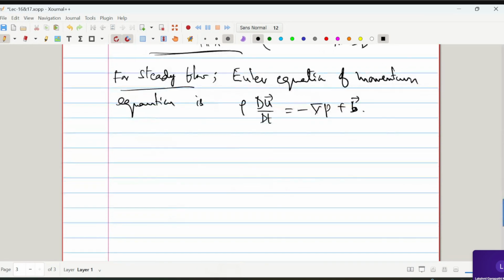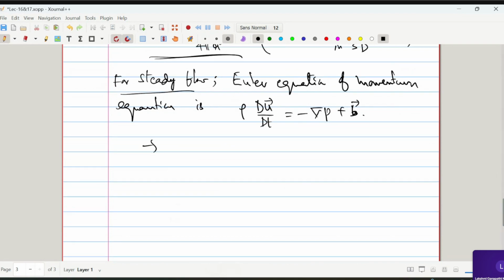If you rewrite this, we are dealing with incompressible fluid, right? So you will have rho into dou u by dou t plus what do you get here? Sir, rho into u dot del u. Yes, you will get both of them, right?